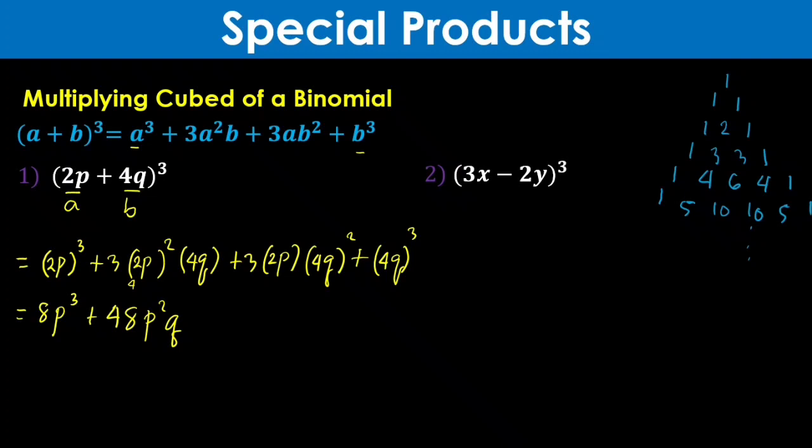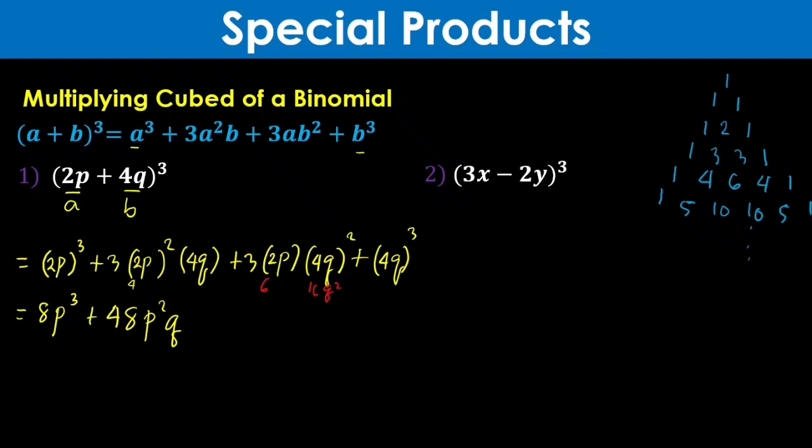So here we have the square of 4, which is 16. We have the Q squared there. And then 3 times 2 is 6, and 6 times 16, that is 96.